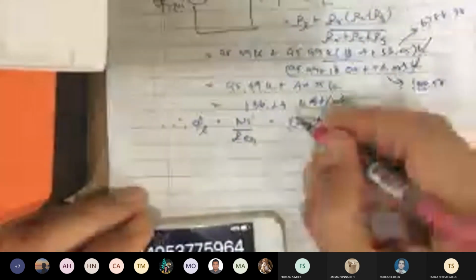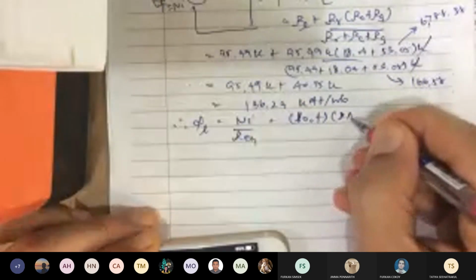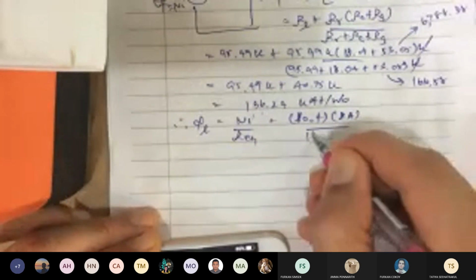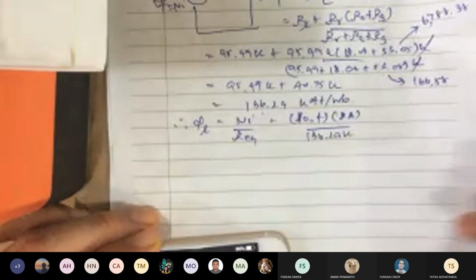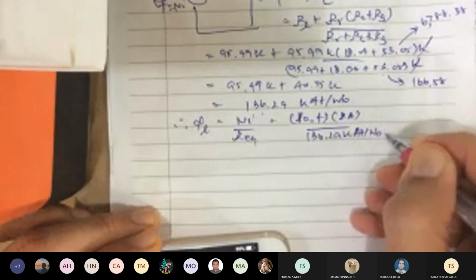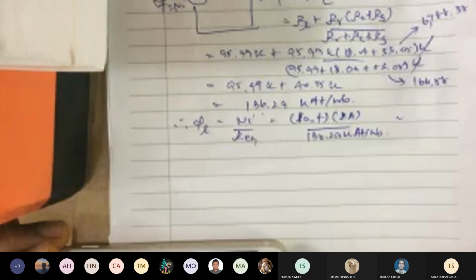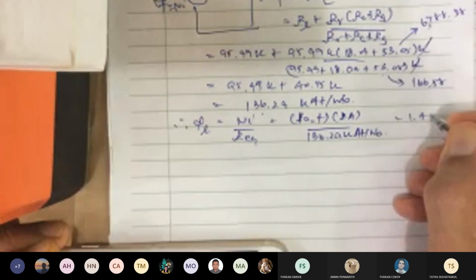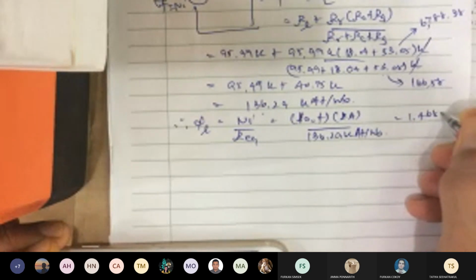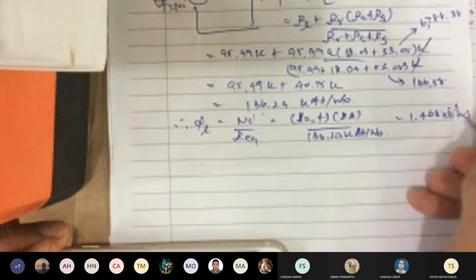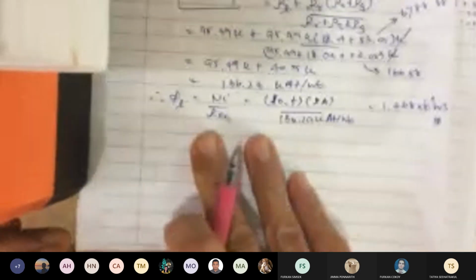Yeah, 2m, 100 turns, sorry. 2m divided by this 136.24 K amperes turn per Weber. Okay, so 200 divided by 136.24 is 1.468 times 10 to the negative third Weber. Okay, so that's your first answer.